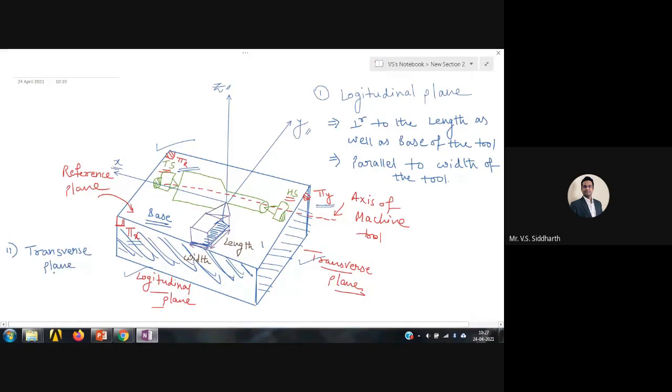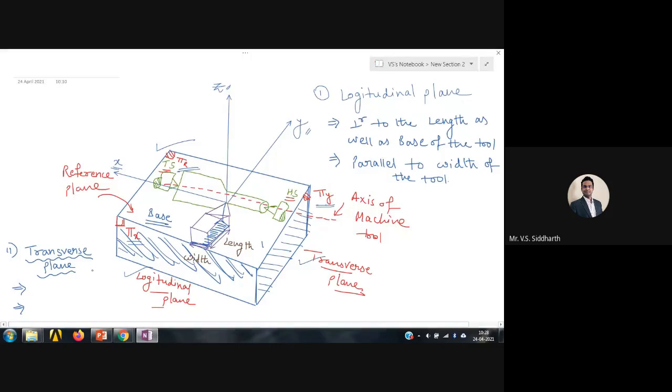How can I write about the transverse plane? Tell me quickly. Transverse plane is perpendicular to what? Parallel to what? Parallel to length.